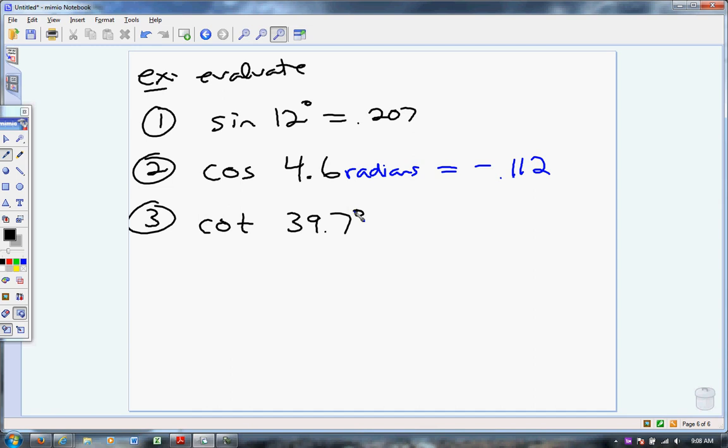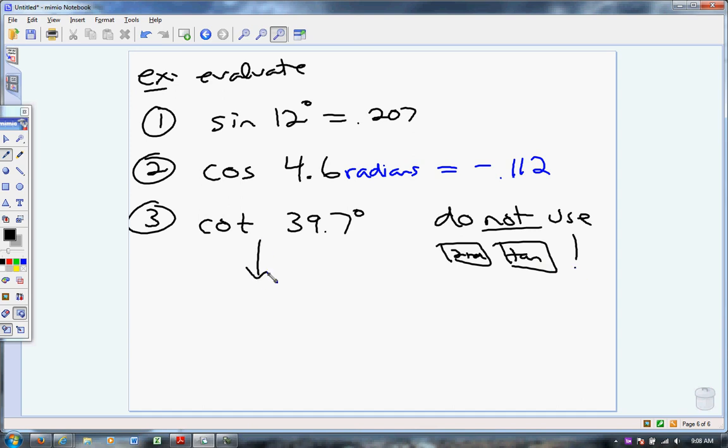You might want to make yourself a note, do not use second tangent. Okay? That is wrong. What we have to use is the fact that this is 1 divided by the tangent of 39.7 degrees.